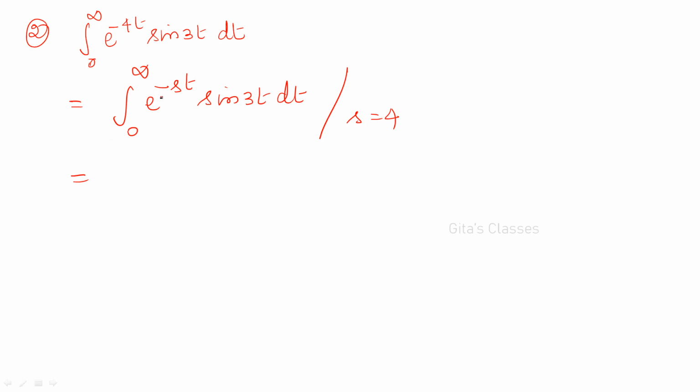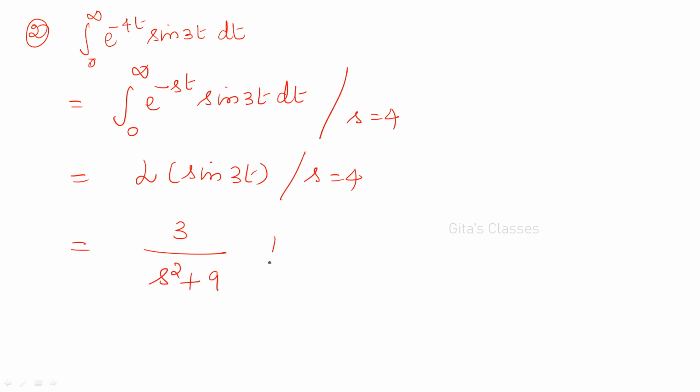Okay. So integral 0 to infinity e power minus st sine 3t dt is, by definition, L of sine 3t, at s is equal to 4. L of sine at is a by s squared plus a squared. So here a is 3, so 3 by s squared plus 3 squared, that is 9, at the point s is equal to 4.